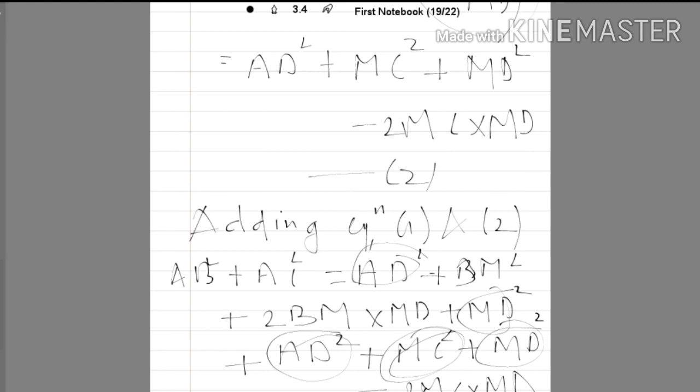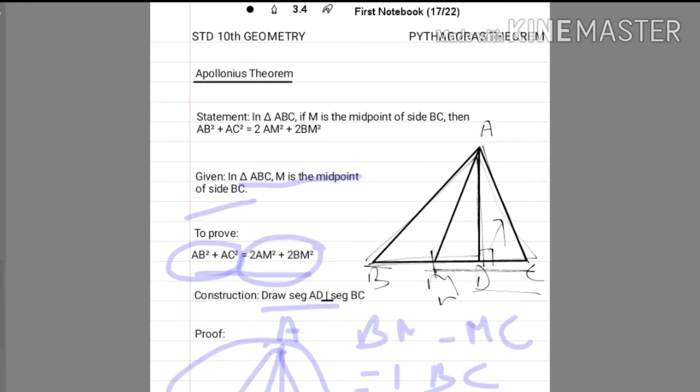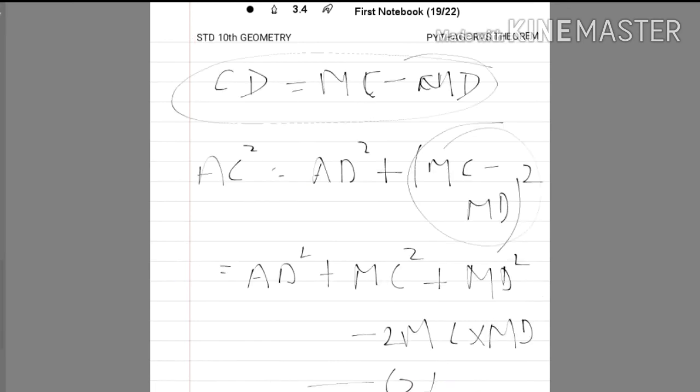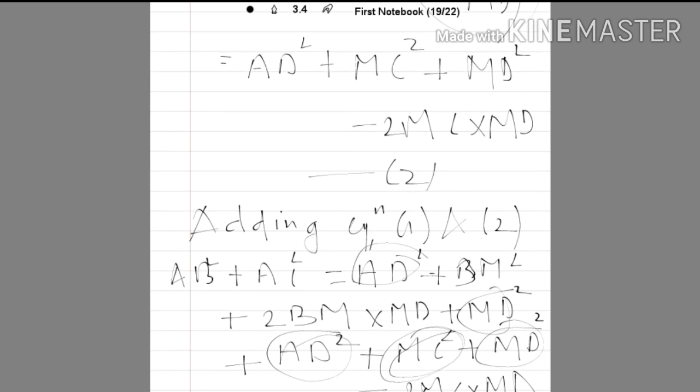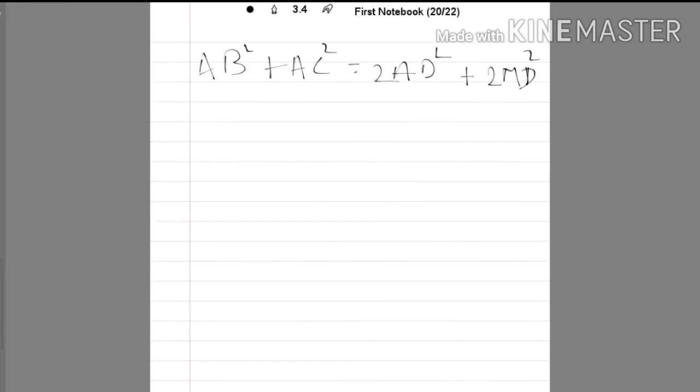Because at the starting we saw that BM is equal to MC, because M is the midpoint of the segment BC. Now we can just substitute here MC square by BM square. So BM square, and this is also BM square. So we will get plus 2BM square, right?